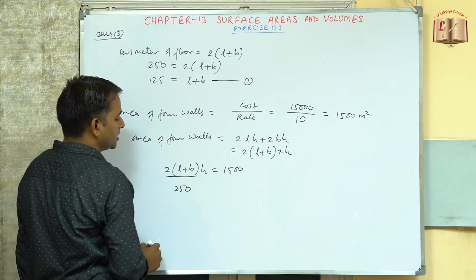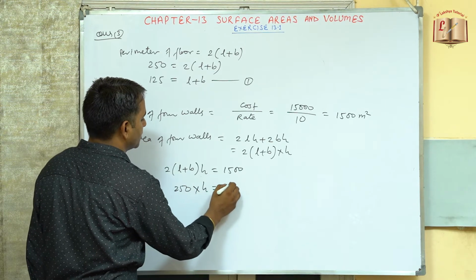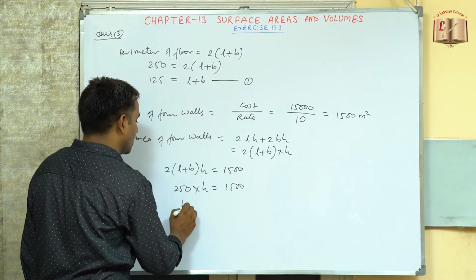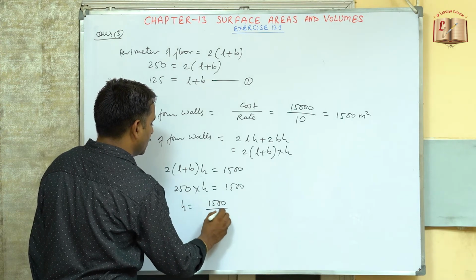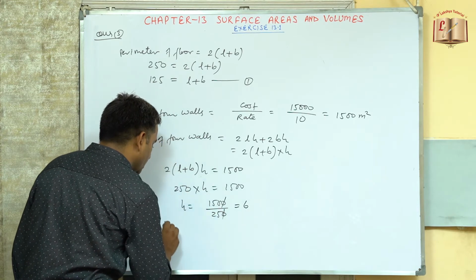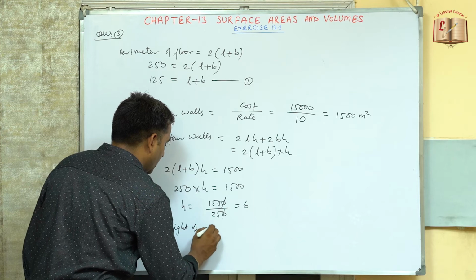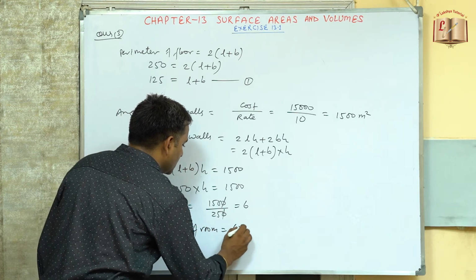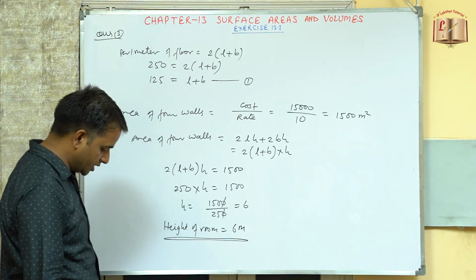So 250 into H equals 1500, and H equals 1500 divided by 250, which is 6. So the height of the room is 6 meters.